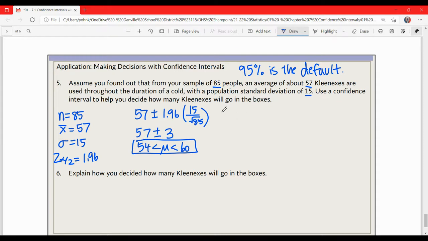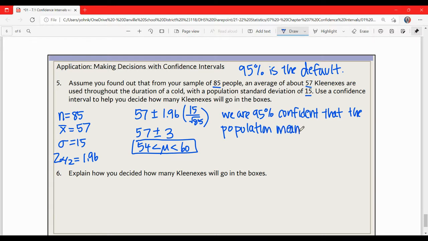So we can say we are 95% confident that the population mean number of tissues, of Kleenexes, is between 54 and 60.